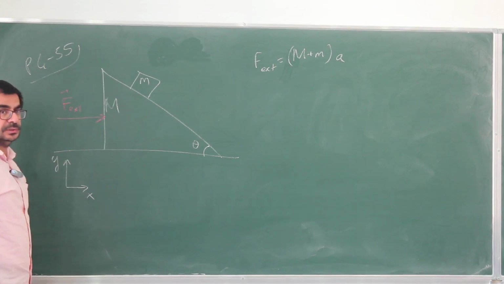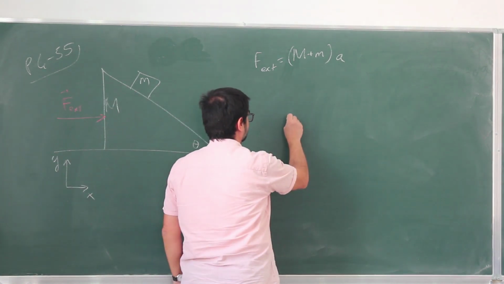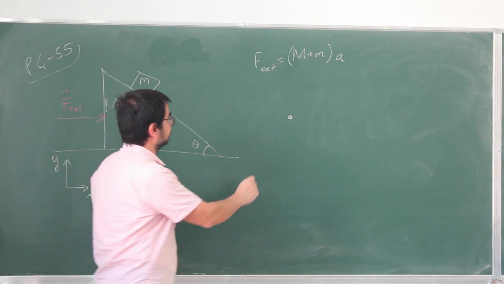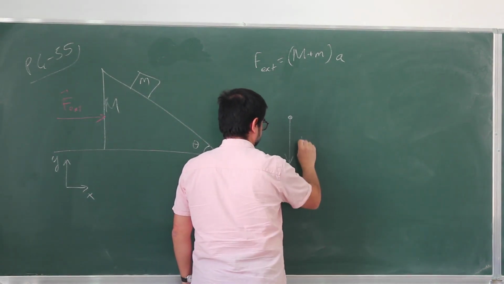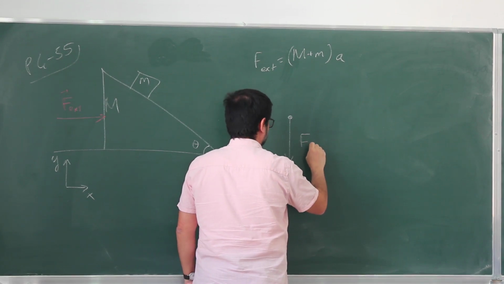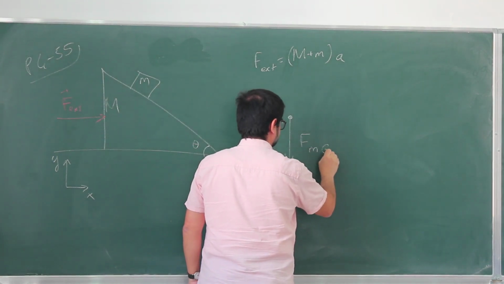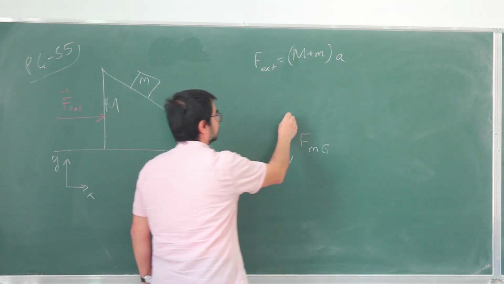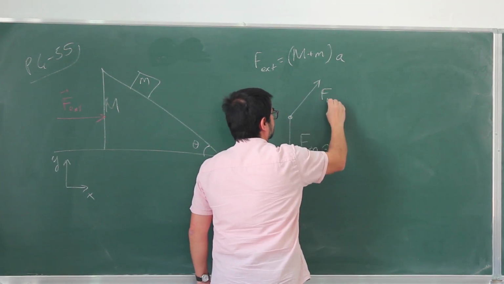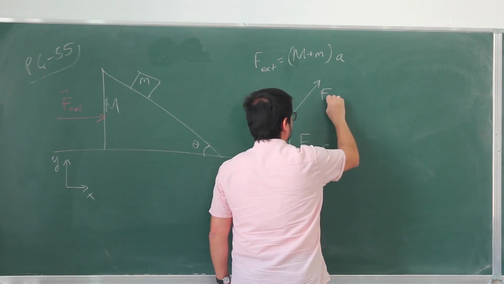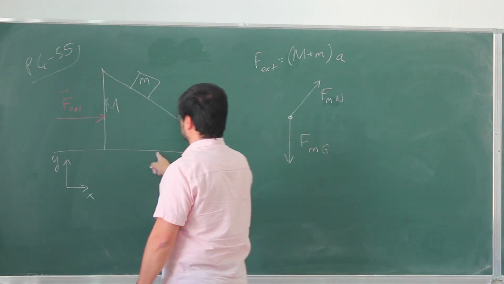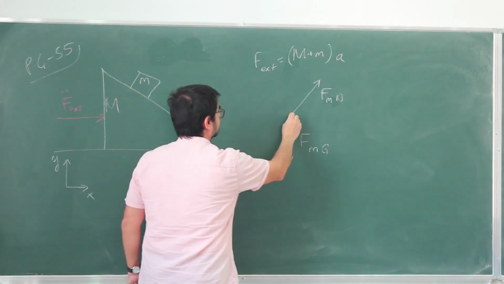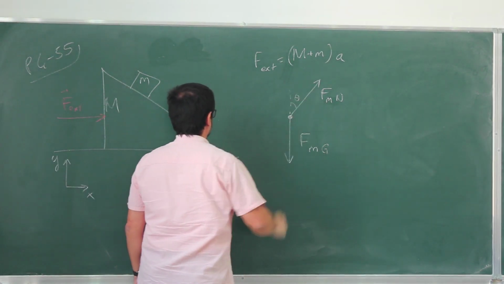And let's start by looking at the small mass. Now, what are the forces acting on the small mass? Well, there is gravity, small mg, let's call this. And there's going to be a normal force acting on it. And this angle is theta, and so is this angle, I suppose.